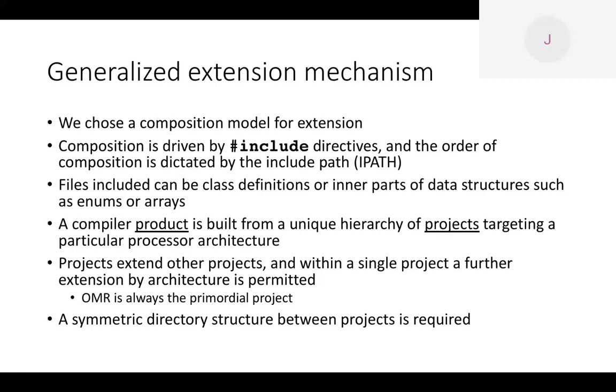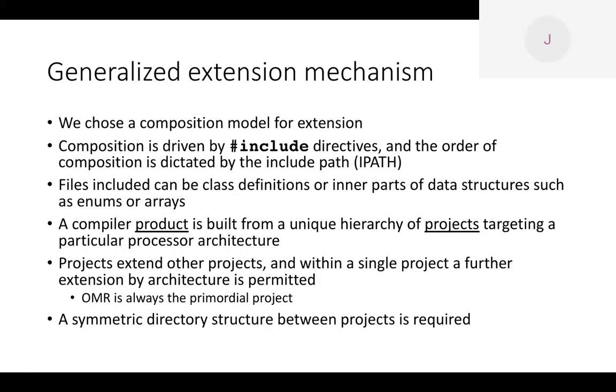So what we came up with was a composition model for extension, and the way that it really works is a lot of the way that the classes and other things are put together are driven by the order of the files that are found on the include path.